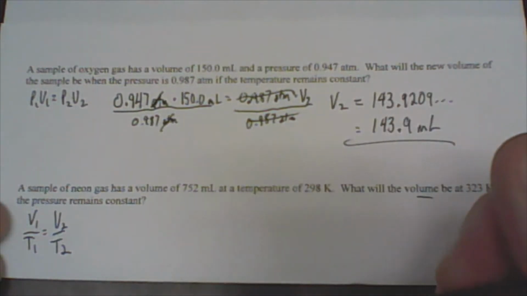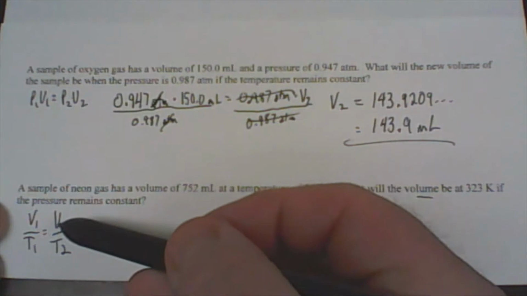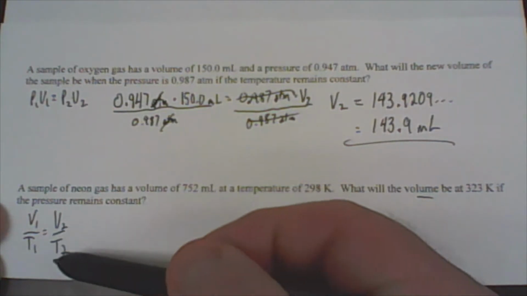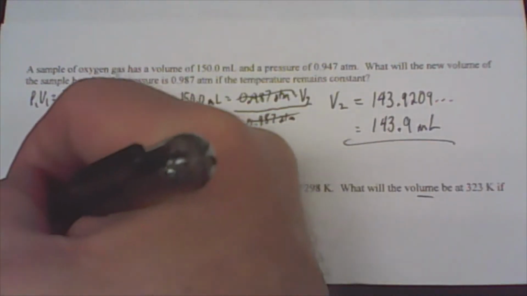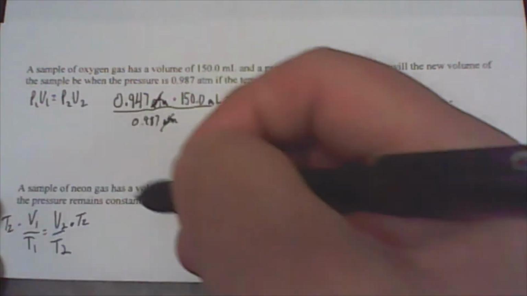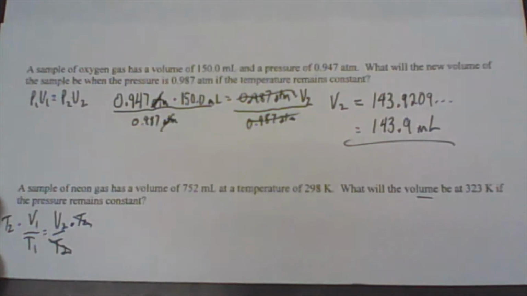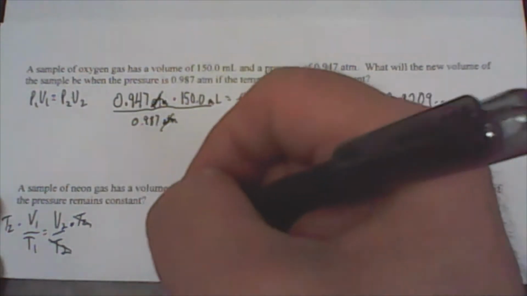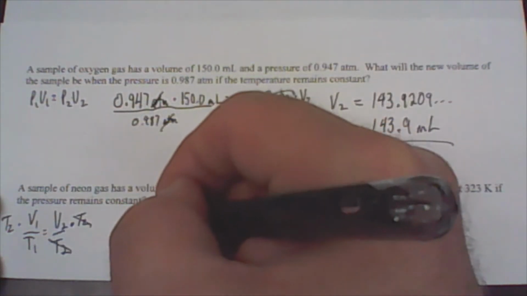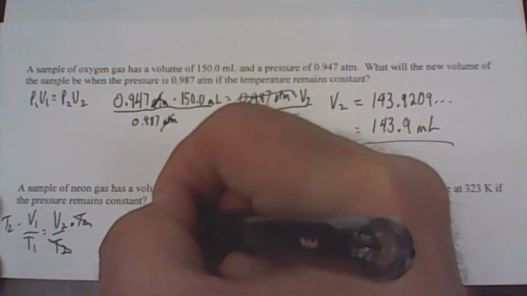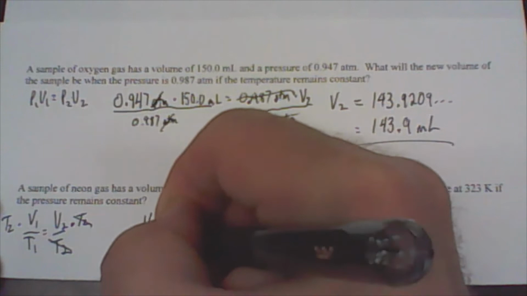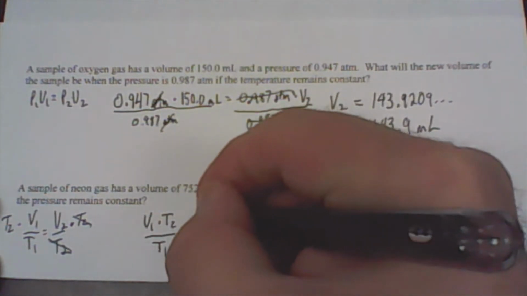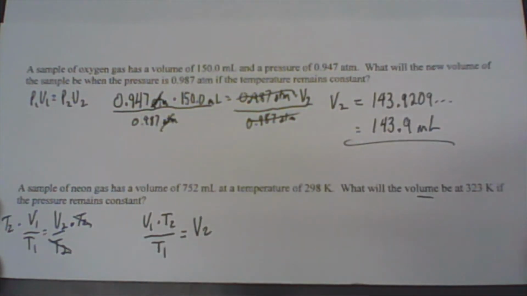Personally, I like rearranging it. So if I want to get volume 2 by itself, I need to multiply times T2. T2 cancels out on that side. So I'm left with volume 1 times temperature 2 divided by temperature 1 equals volume 2.